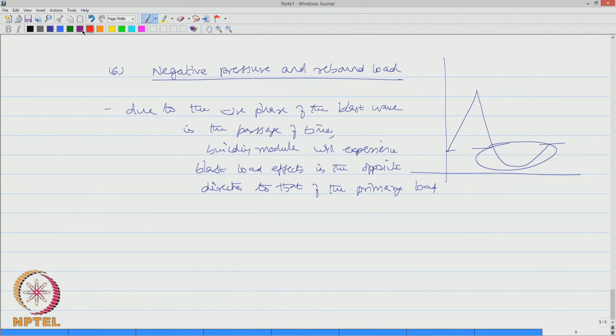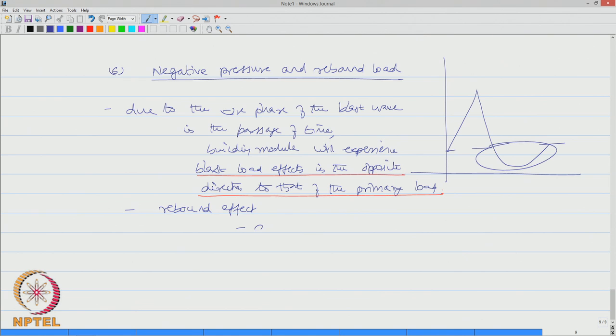Okay, that is very important. It experiences blast load effects in the opposite direction to that of the primary load. This is what we call as a rebound effect.